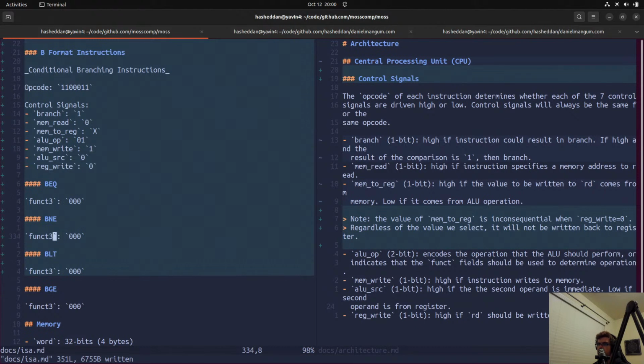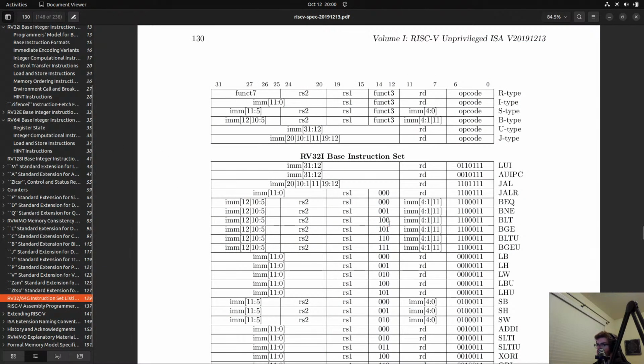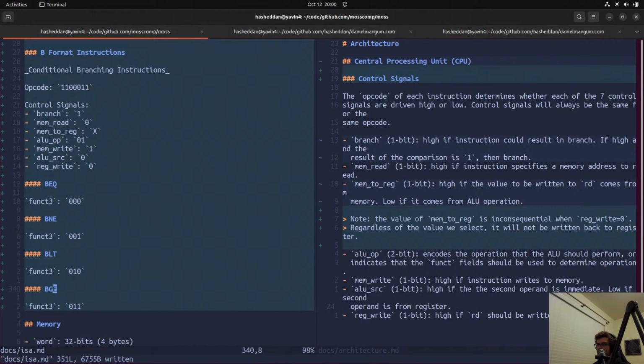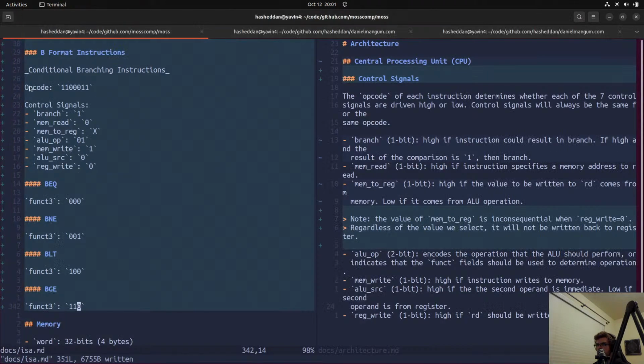So this should be, let's see if we can get this right: 1, 2, 3. Nope. 0, 1. And this was 1, 1, 0, I think. Nope, 101.